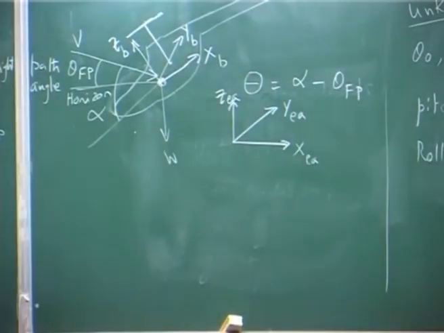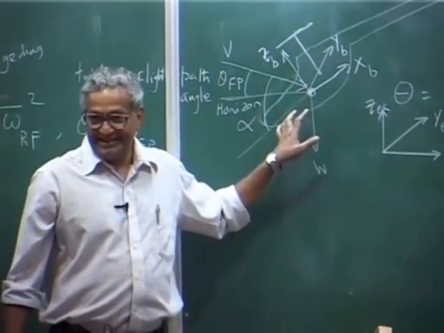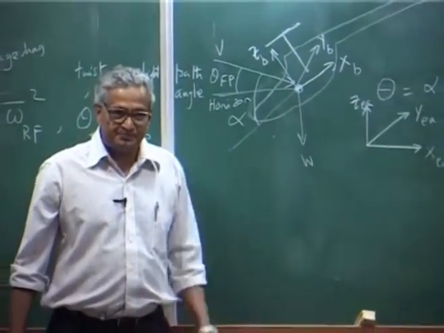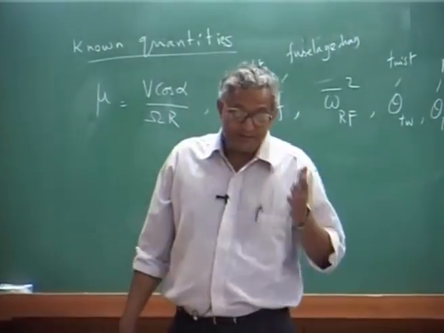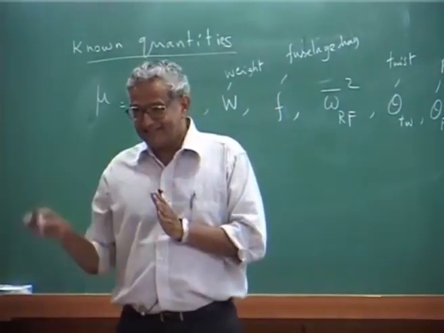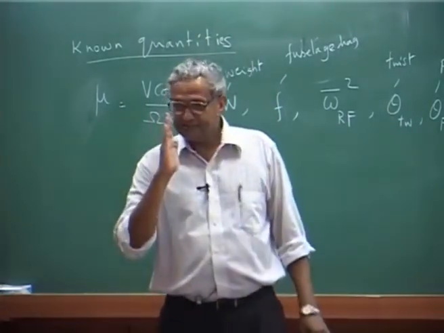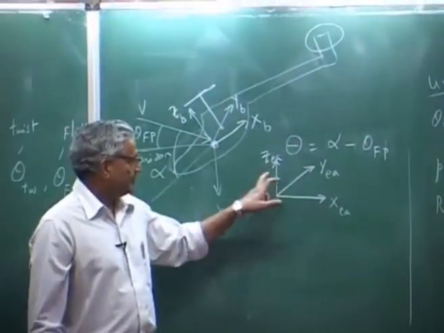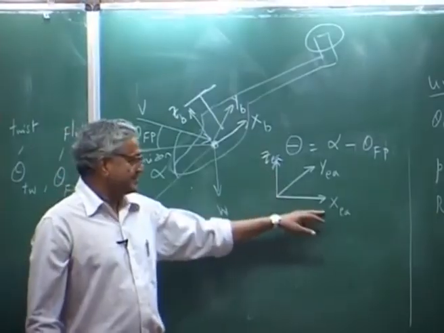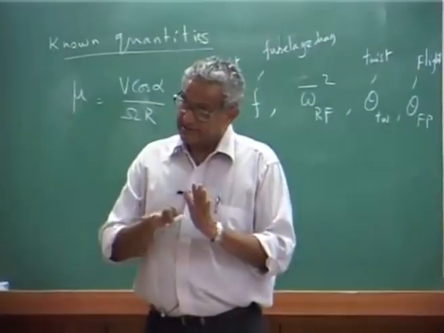You have to get the transformation from this to this, that is by rotation, but you assume initially, because more complicated motions will take a little later. Right now we assume that the helicopter is only flying in the x, z earth axis plane, but you may find it can fly in another direction.